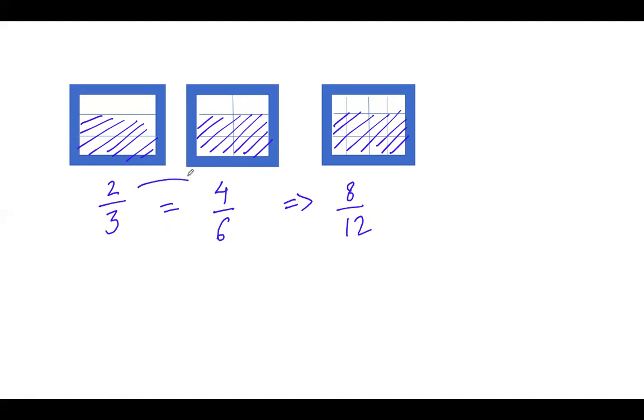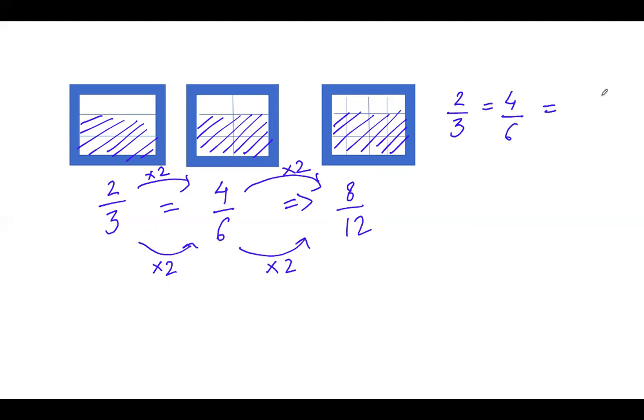By multiplying both the numerator and the denominator by the same number, 2, we can get an equivalent fraction, right? I hope you understand well. So if we divide, let's take 2 over 3 and 4 over 6.